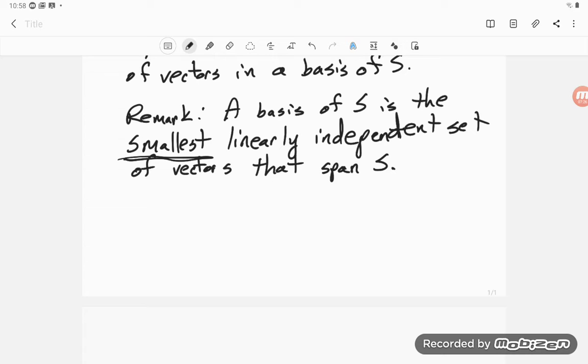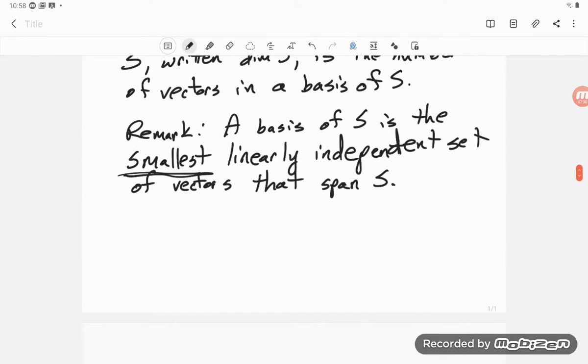And as part of the definition, I guess I skipped this, the dimension of the set of the zero vector is 0. Okay, so that's an odd one in a way, right?